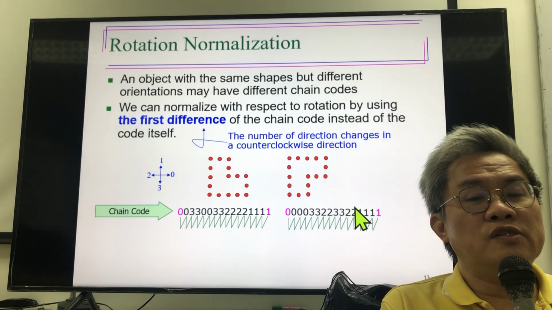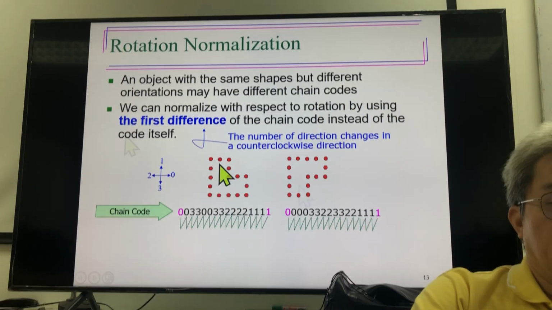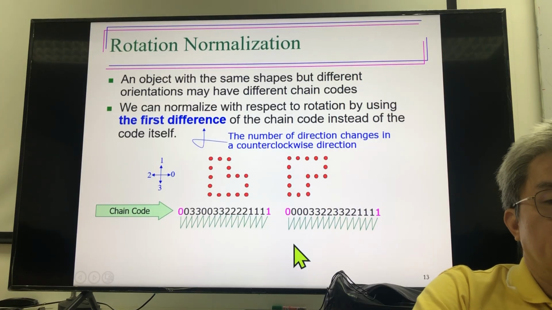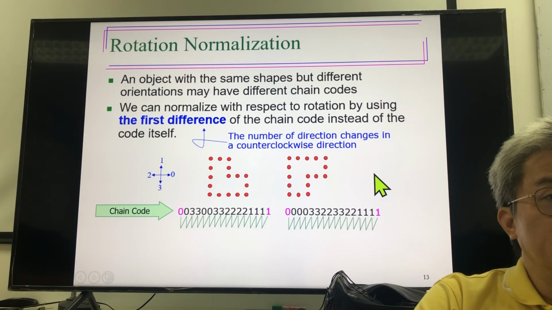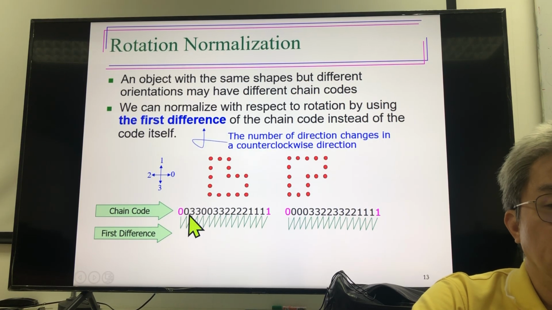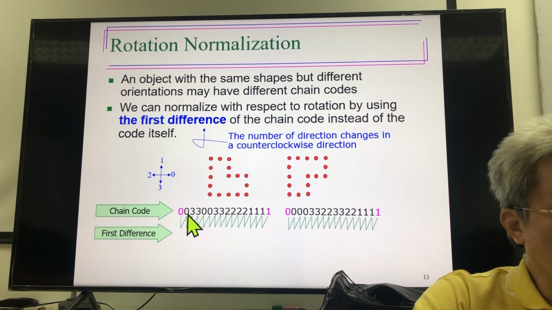To be invariant to rotation, we use the first difference. It's more like taking the derivative. What does the first difference mean here? It means you take the difference between this and this. 0 0, what's the difference? 0.